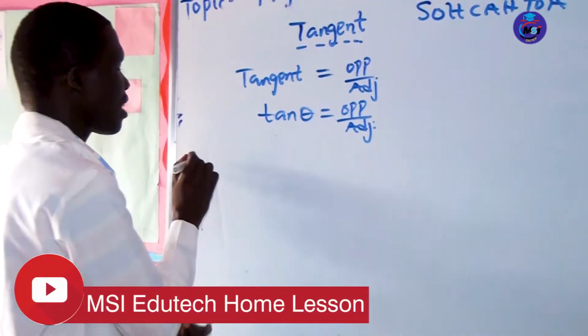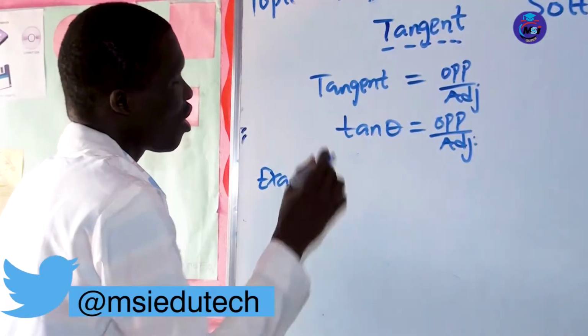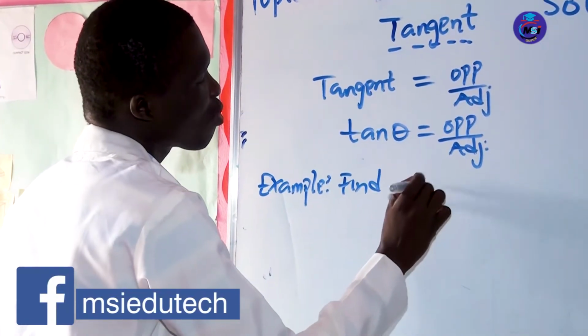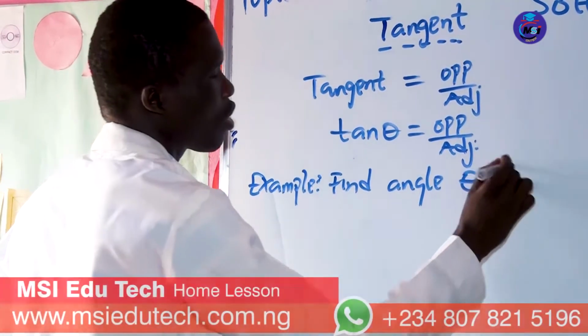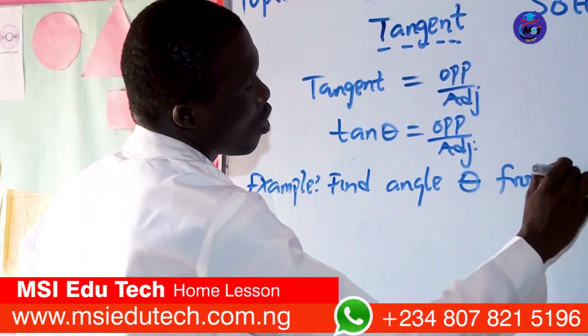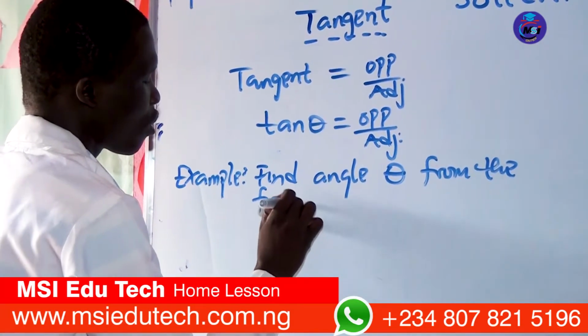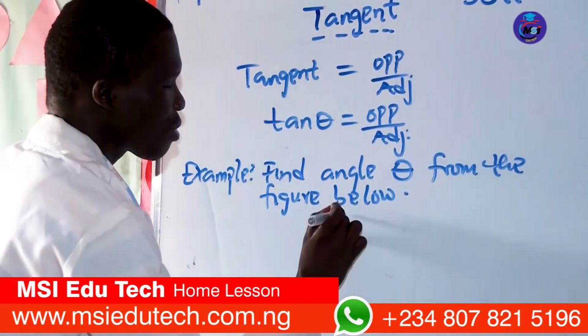Okay, now let me give you this example. Example, find angle theta from the figure below. Okay, you have something like this.